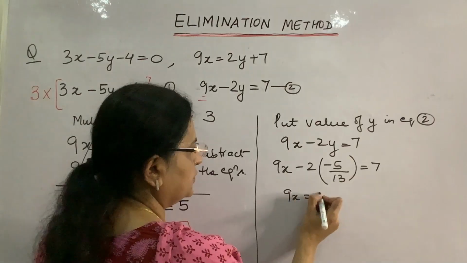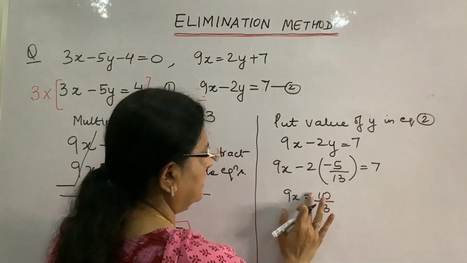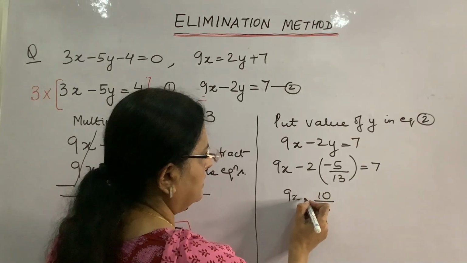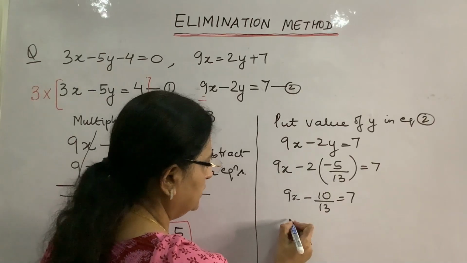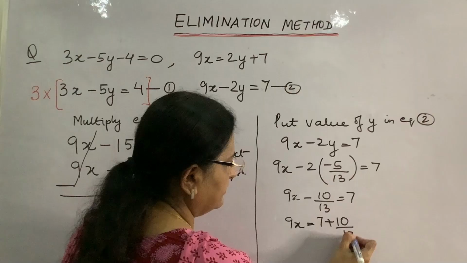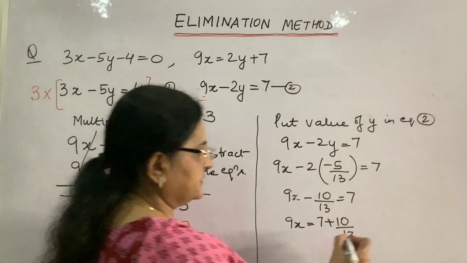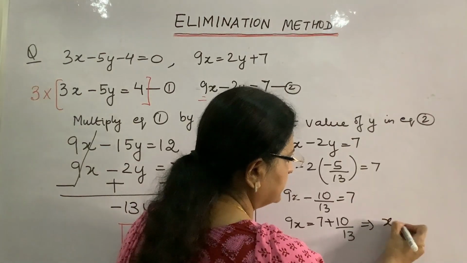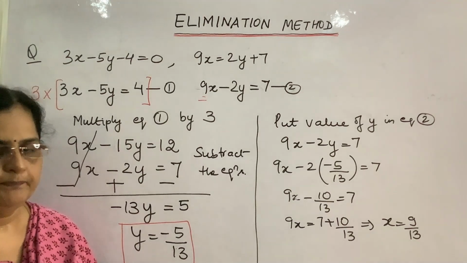So 9x minus 10 upon 13 is equal to 7. So 9x is equal to 7 plus 10 upon 13. When you take the LCM and solve this, you get x is equal to 9 upon 13.